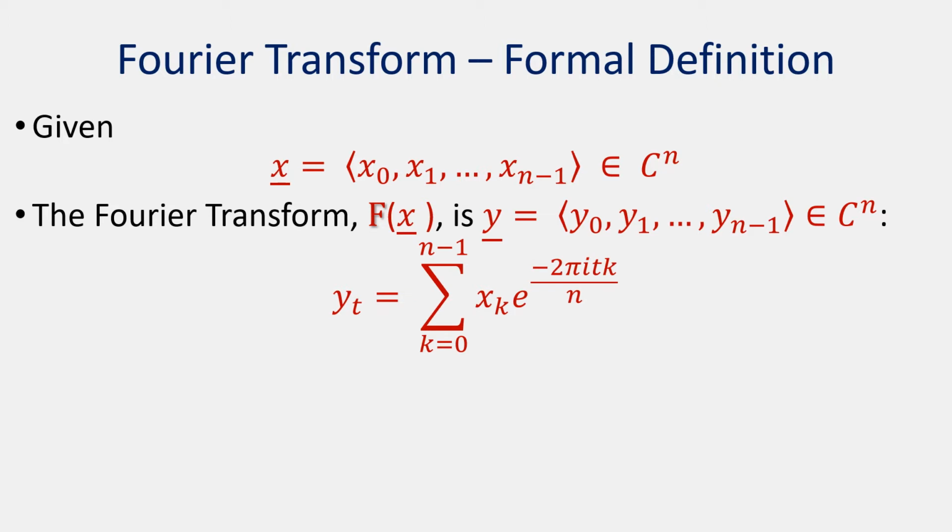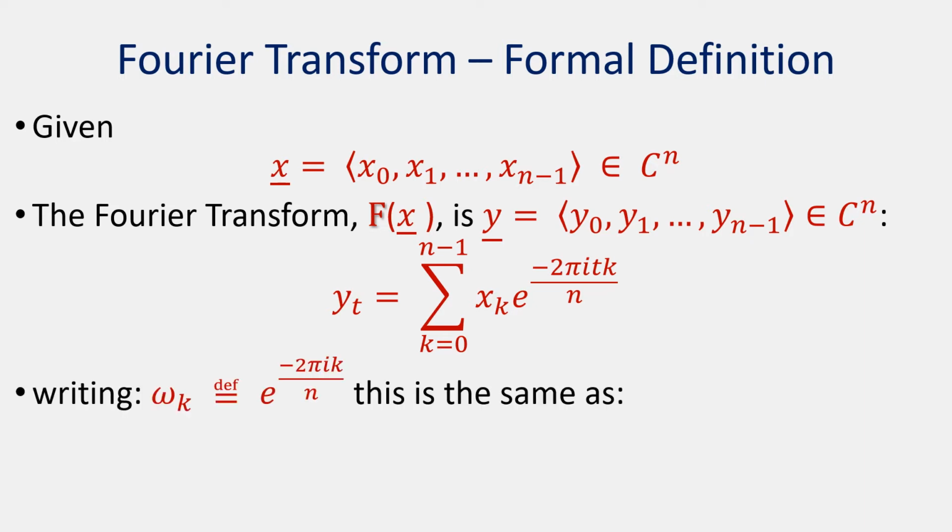And the way that vector is defined, the individual components, are by this rather daunting looking sum. That sum is actually quite a simple object. It uses a structure which we met already in this part of the module.